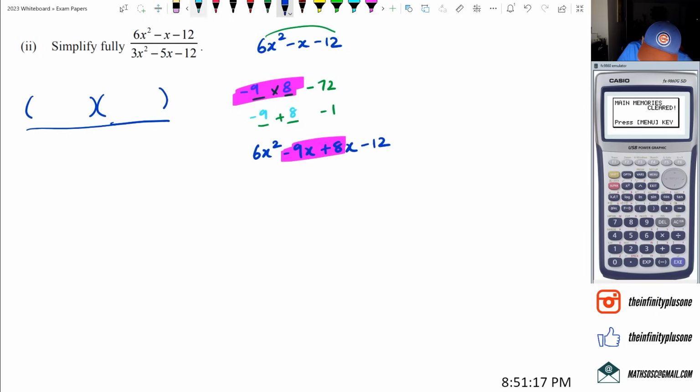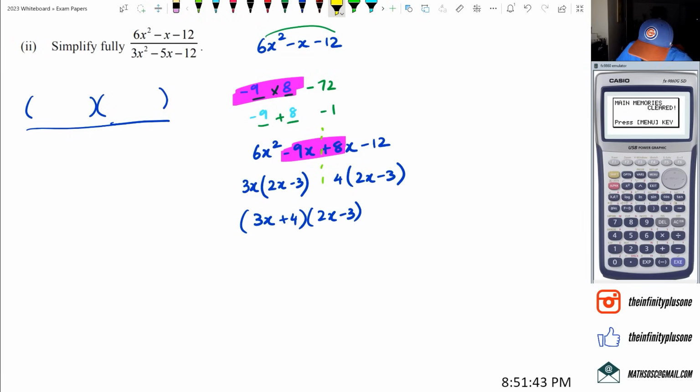Then I have to split this up and factorize. I've got 3x, which is going to be 2x minus 3. And then here I've got 2x minus 3. So basically this factorizes to 3x plus 4 multiplied by 2x minus 3.